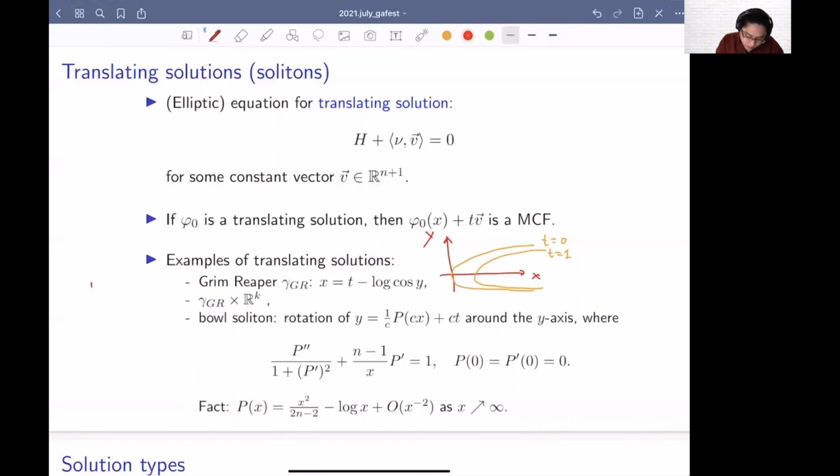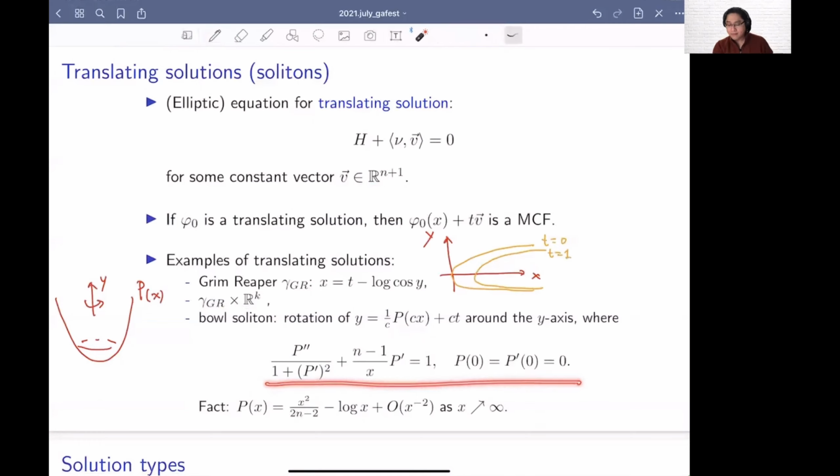Let's say this is the y-axis, and we have some p as a function of x here. And we just rotate around the y-axis. We obtain some paraboloid-shaped surface, but it's not quite a paraboloid because the profile function p is the solution to the following ODE initial value problem.